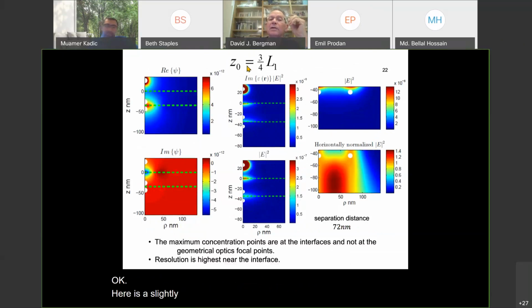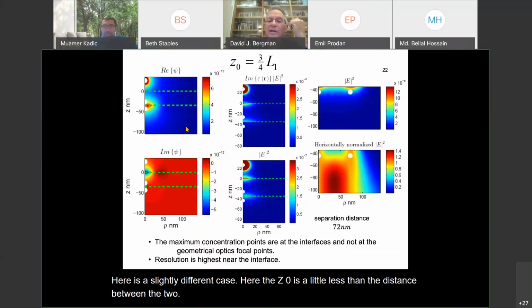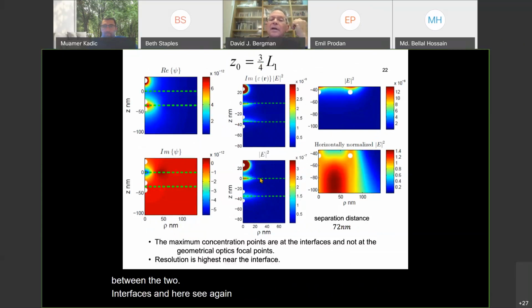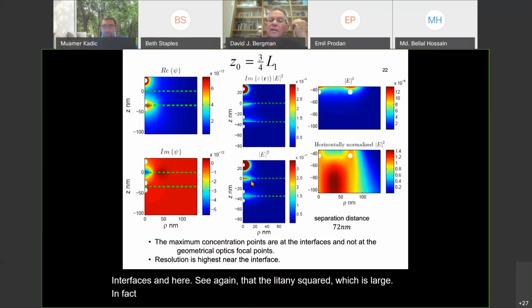Here, the z0 is a little less than the distance between the two interfaces. And here you see again that you get an E squared, which is large. In fact, the strongest E squared is at the two interfaces, not at the 2 point focuses.